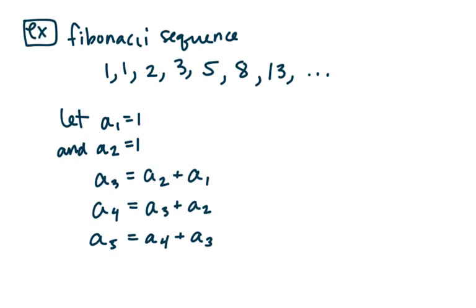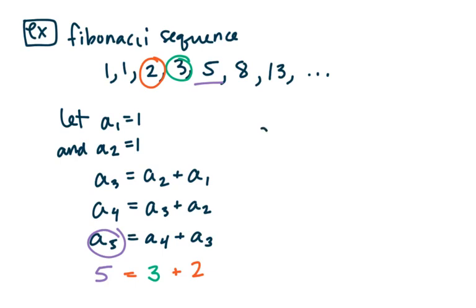So if we look at our fifth term, my fifth term up here is 5. My fourth term is 3. And my third term is 2. So we've got 5 equals 3 plus 2. So this makes sense.